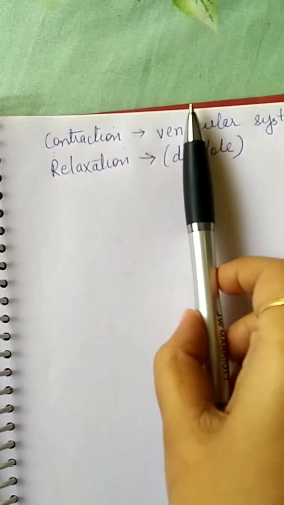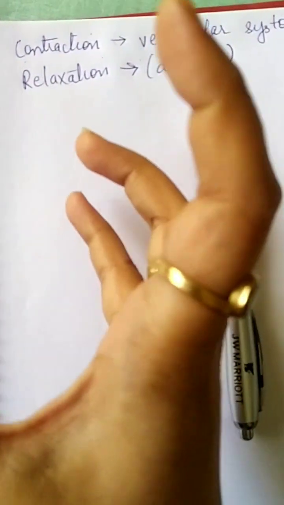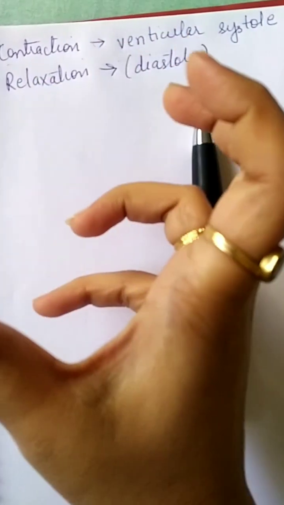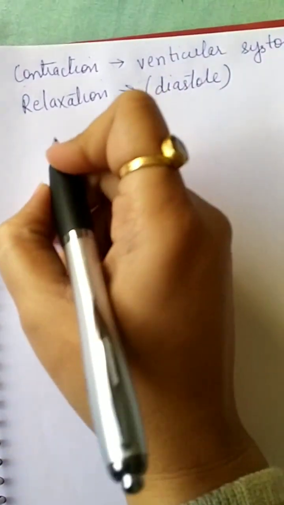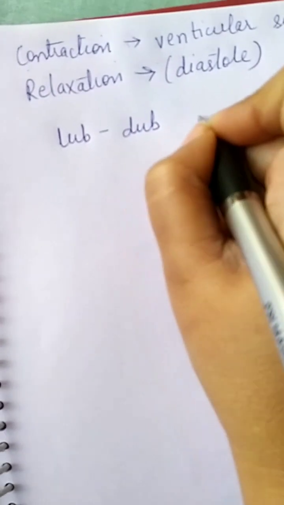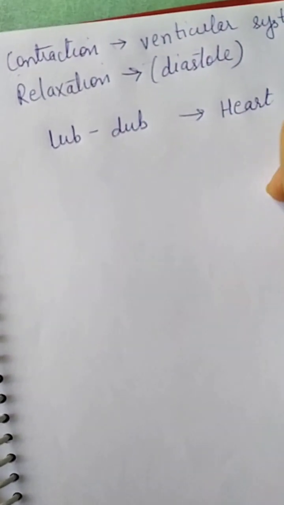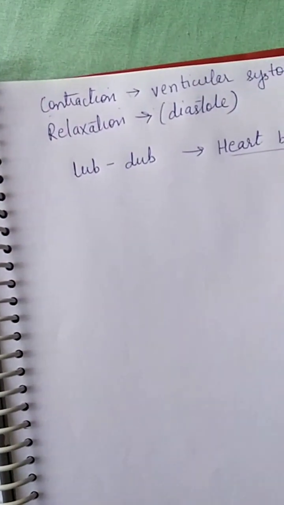Now this contraction and relaxation produces a sound. When the heart pumps in the form of systole and diastole, it produces a sound that is called lub-dub. And this is nothing but the heartbeat. So the sound of the heartbeat is lub-dub.